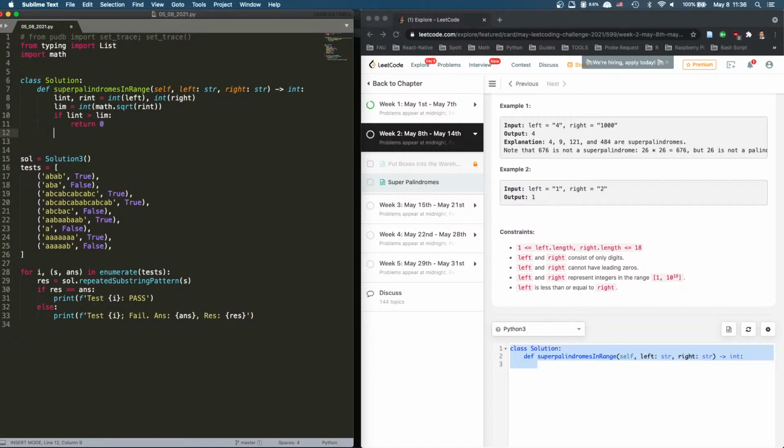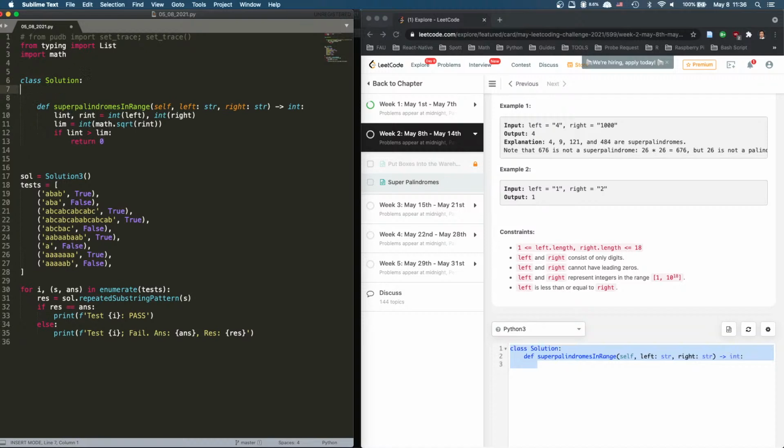If we can produce a palindrome like here, right? We do something here. Is it possible? We say palindromes equals a dictionary.